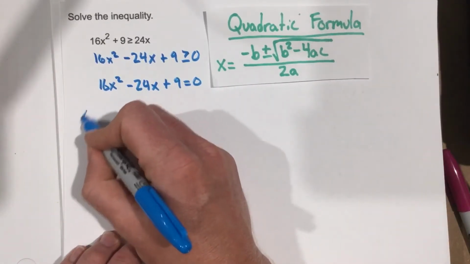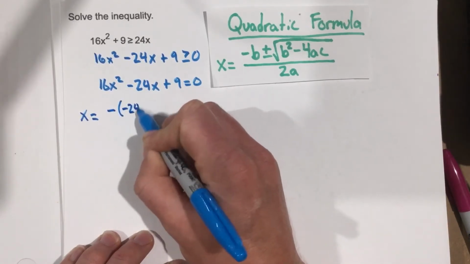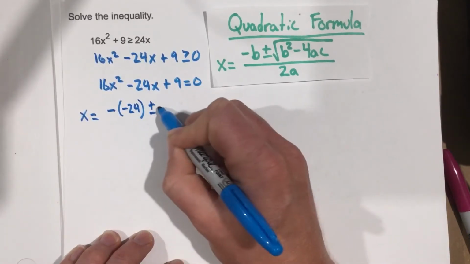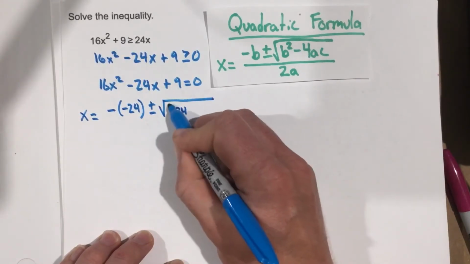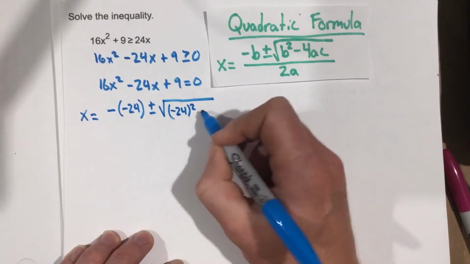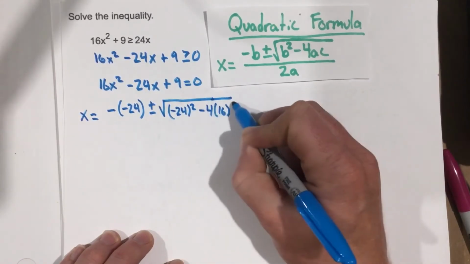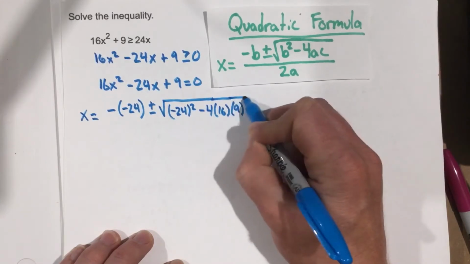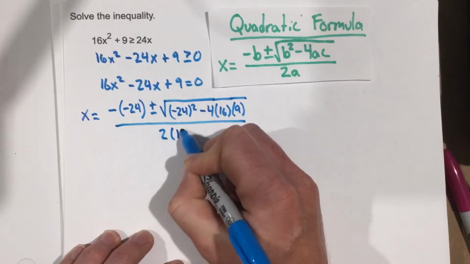I'm going to start by saying x equals negative 24 plus and minus root negative 24 squared minus 4 times a, which is 16, times c, which is 9. And that's all going to be over 2 times a, which is 16.